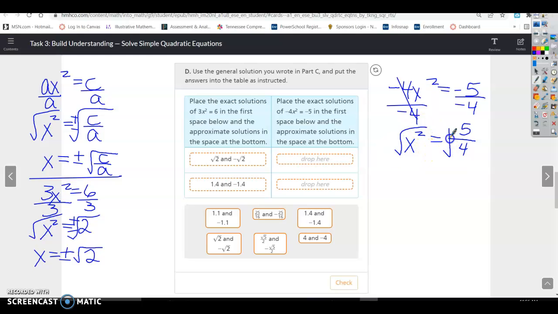So I'm going to take the square root, plus or minus the square root of 5 over 4. So x equals plus or minus the square root of 5 divided by the square root of 4, which equals 2. This is my exact answer.